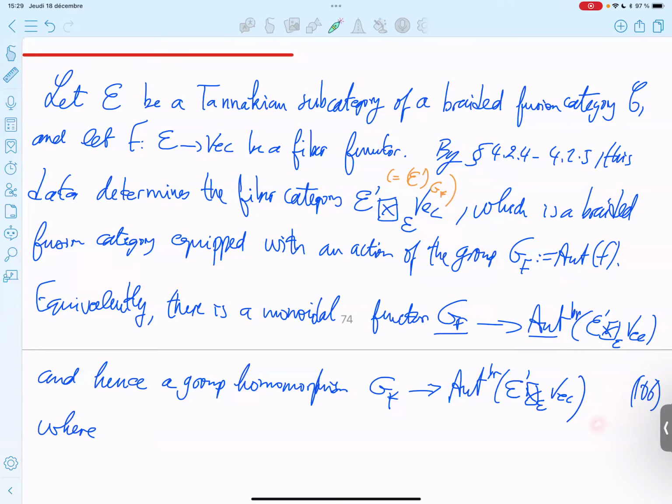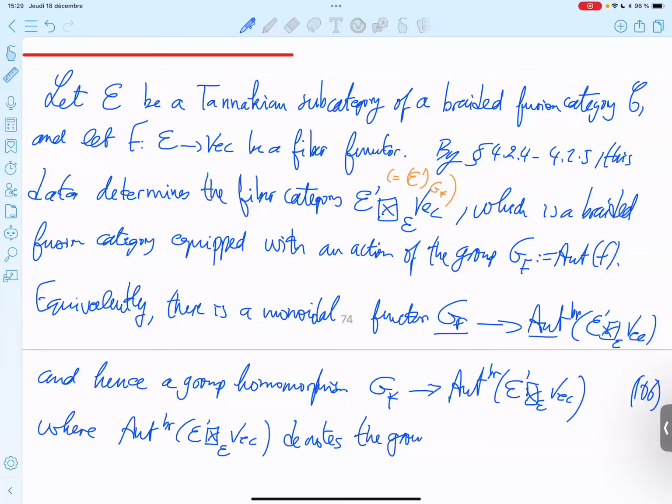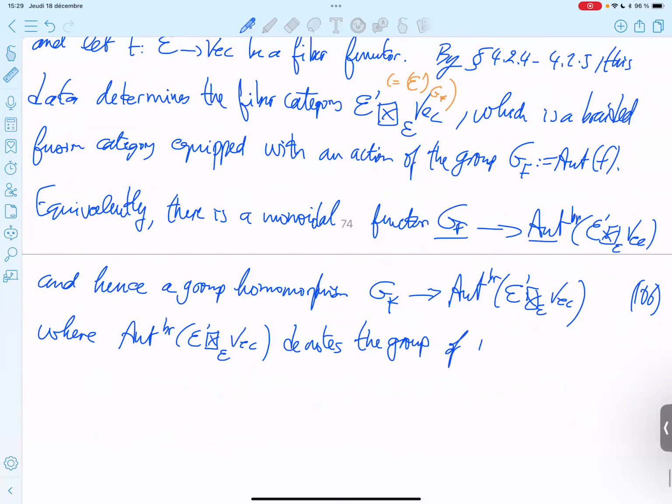This is just the group of isomorphism classes of objects here, where Aut^br denotes the group of isomorphism classes of objects in the braided autoequivalence category.